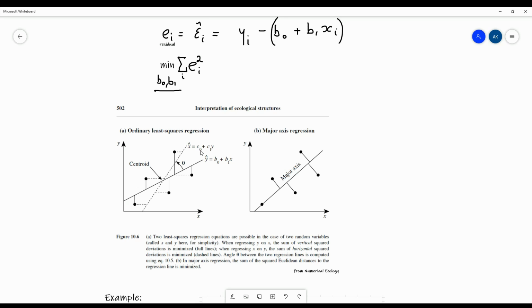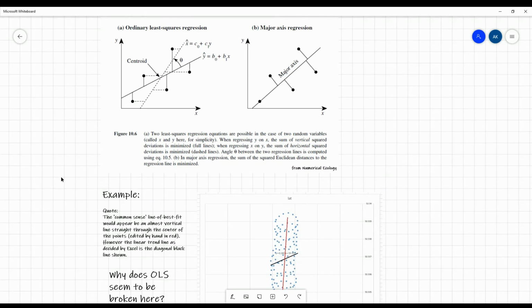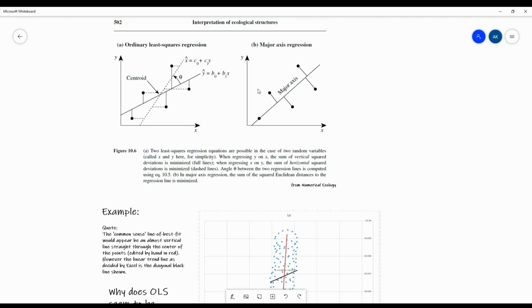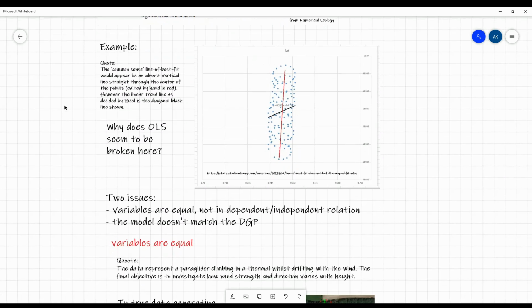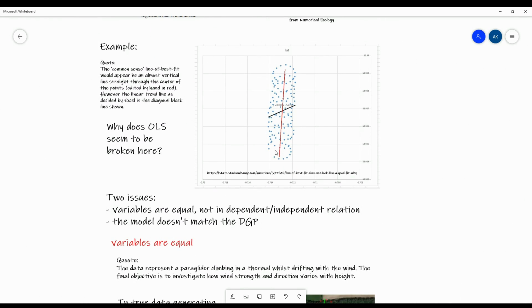And we started by looking at this example of a paraglider moving in thermal and being drifted in the wind. And when we were measuring the paraglider's latitude and longitude, we established that just regressing latitude on longitude or longitude on latitude doesn't make sense. There's some other hidden factor, such as thermal, wind, and so on, which defines the position of a paraglider, and we're just observing latitude and longitude.